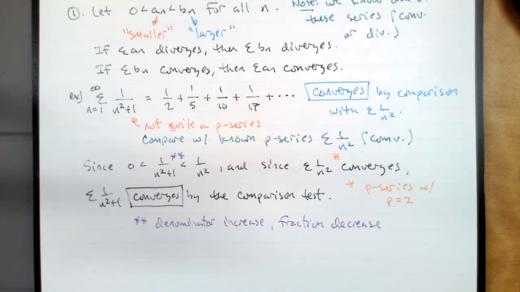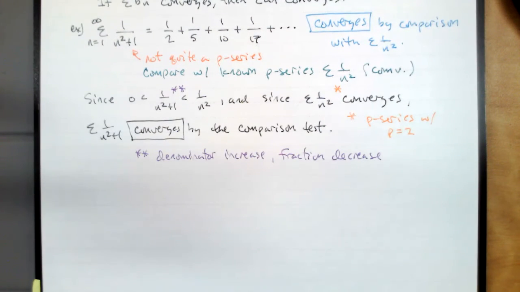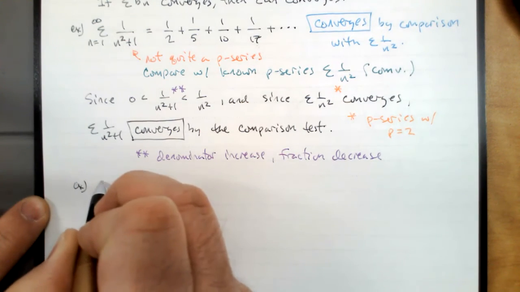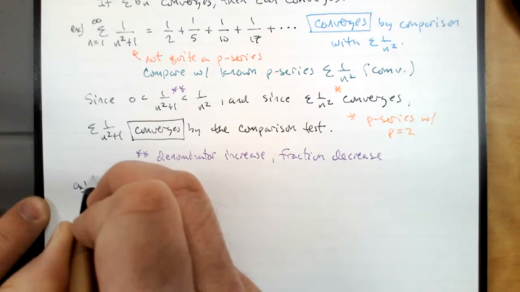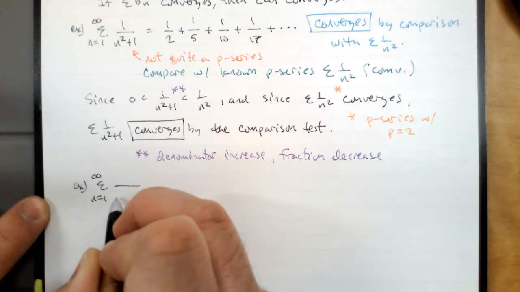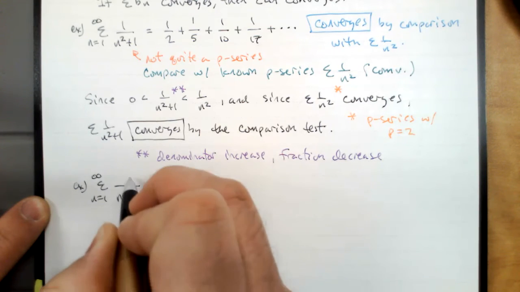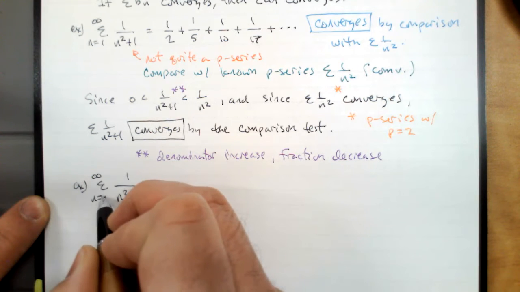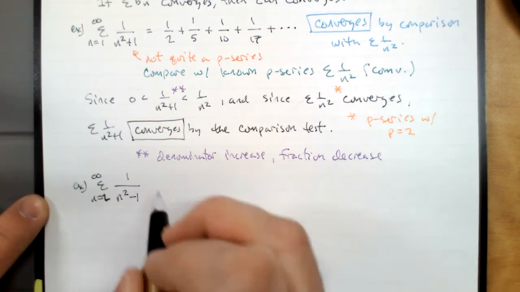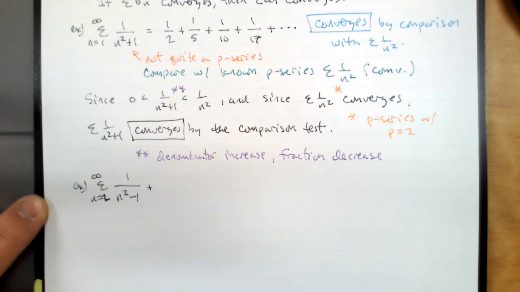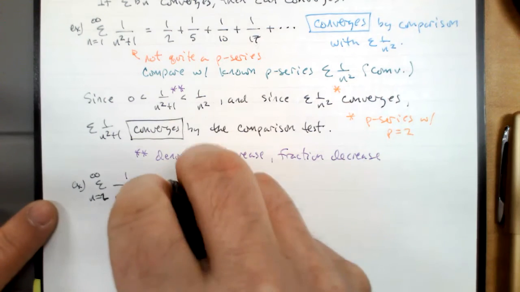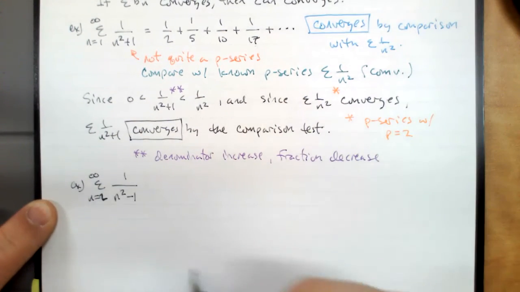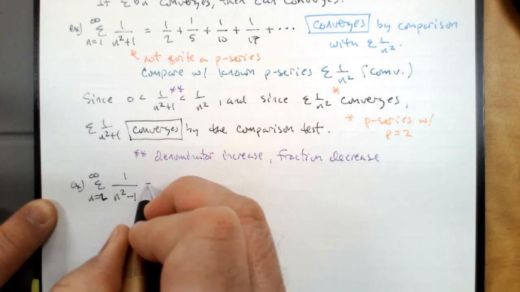So if I make an adjustment, if I change my series, oh, I can't start at 1, I have to start at 2. Spelled equals wrong. Equals is the parallel lines.